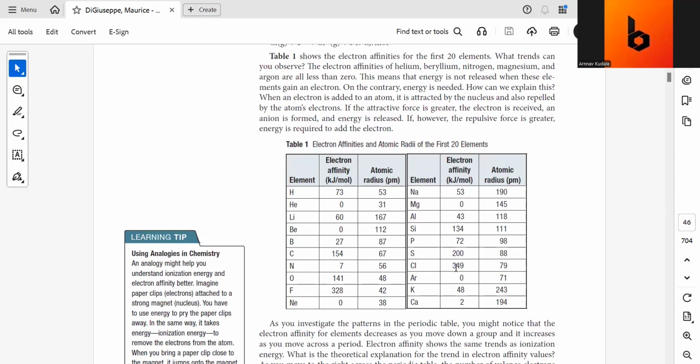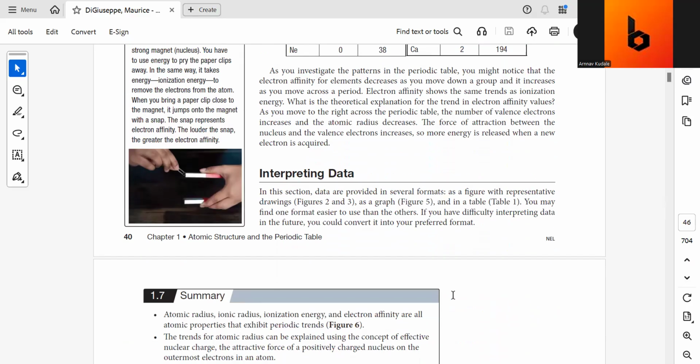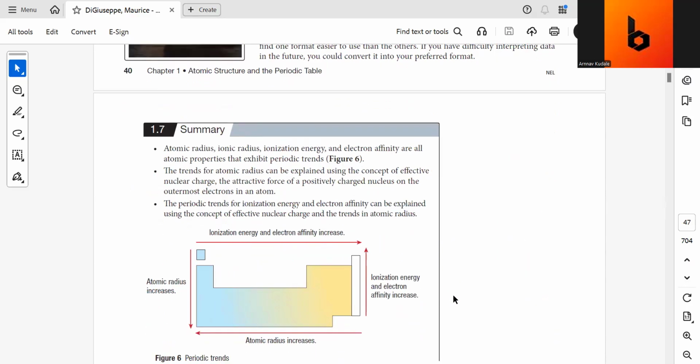Fluorine is 328. So they have higher electron affinity. If you see all the metals, sodium 53, magnesium 0, there it is extremely low. Calcium 2, so electron affinity is low.